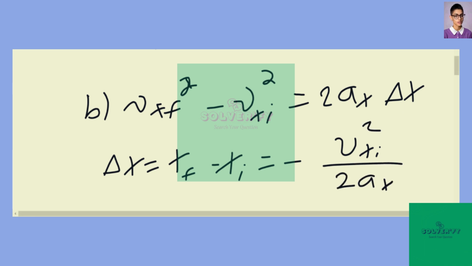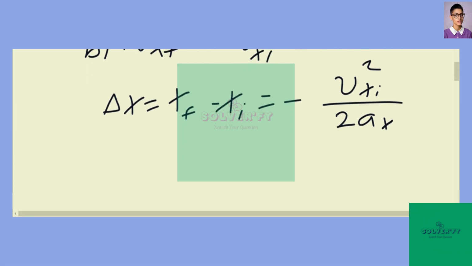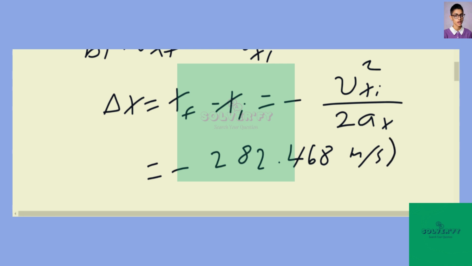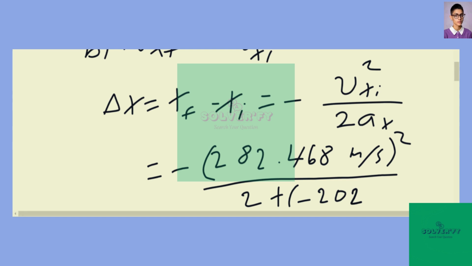And remember that the acceleration was negative to begin with, so once we enter all the results, we get minus 282.468 meters per second, and we square this quantity and we divide it by twice the acceleration, which is minus 202 meters per second squared.